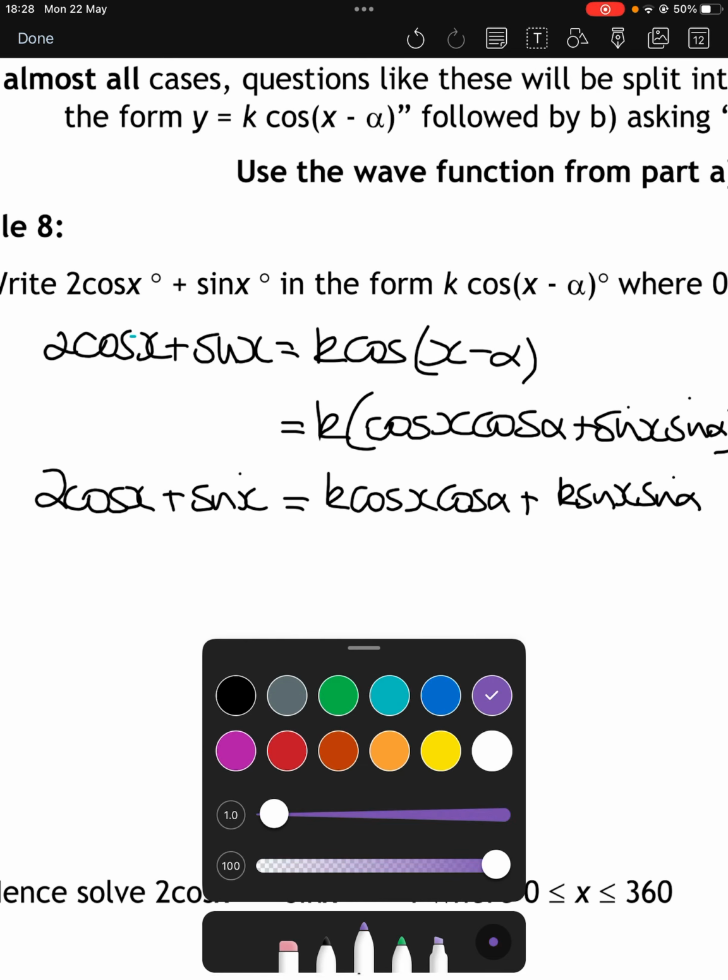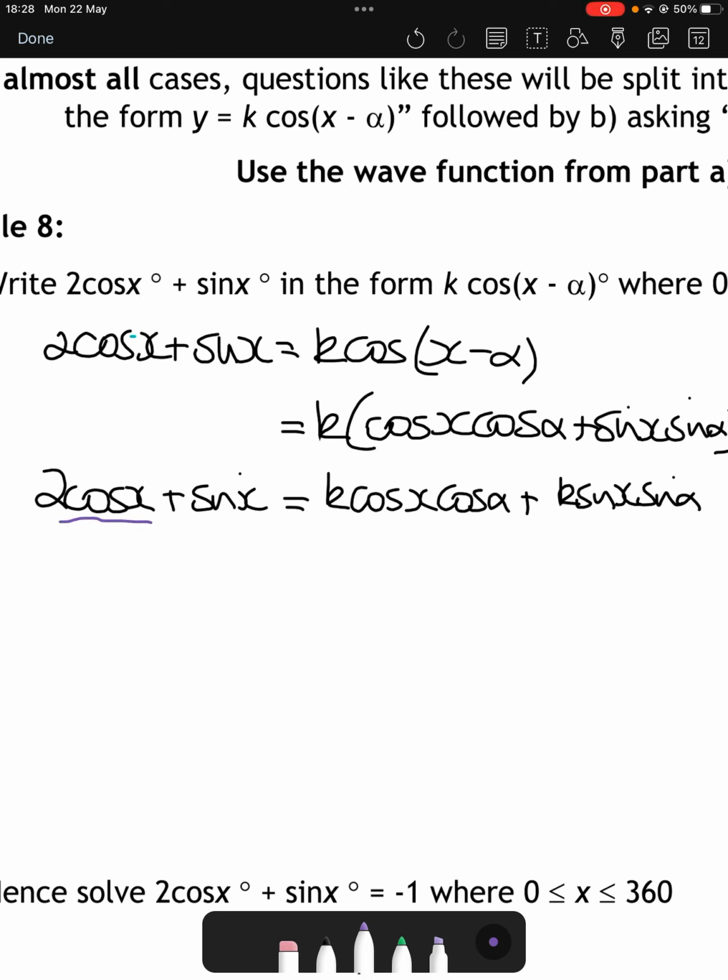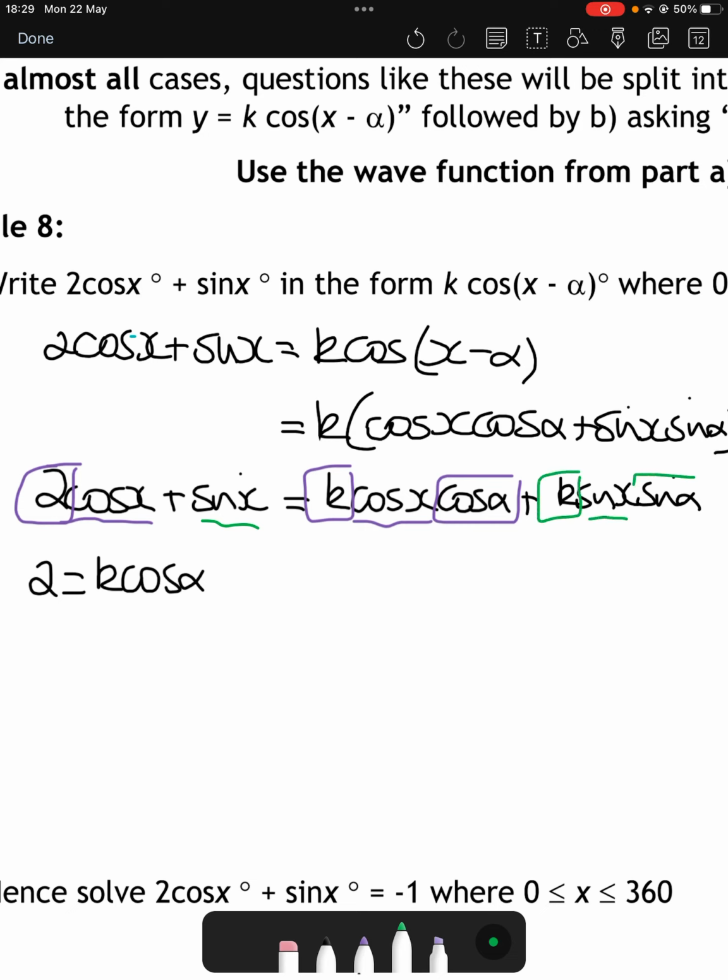I'm going to make that be purple. Right, so cos x is there this time. So k cos alpha is 2. K sin alpha, positive k, and again there's nothing there, so let's put a wee 1 in.